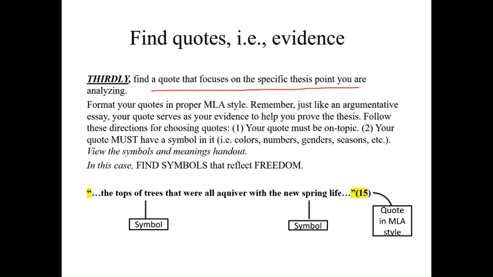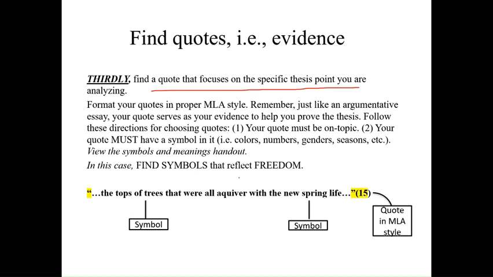Here is a quote, and it says, "The tops of trees that were all aquiver with the new spring of life." Where are my symbols here? That's what you have to figure out. And if you're not sure what symbols are, again, look in the glossary in the back of your book. Of course, always look online and just type in what are symbols.